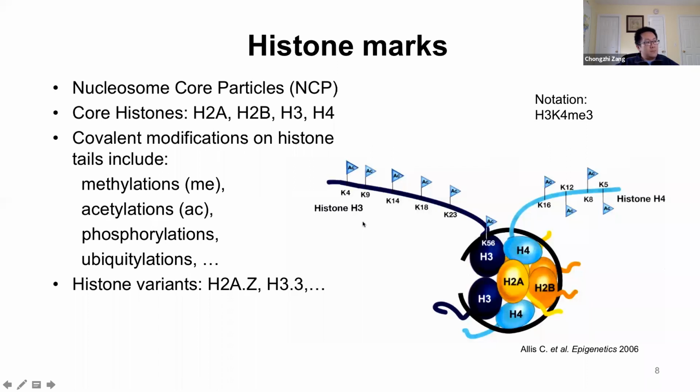Many of these histone covalent modifications can change the local electric landscape in the local chromatin region, or have associations with gene regulation or gene expression.